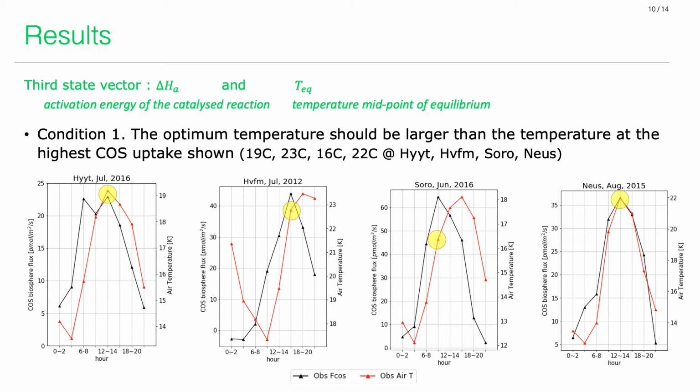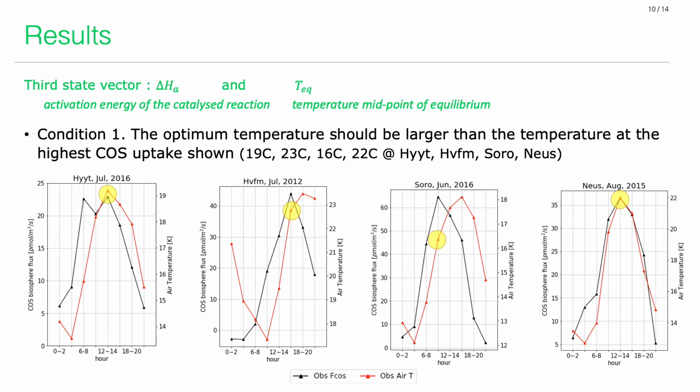To find the best delta HA and T_eq, which are the activation energy and the midpoint temperature, we examine what temperature has the peak values of the COS uptake. So the figure shows a diurnal cycle of observed COS flux as the black line and the air temperature as the red line.